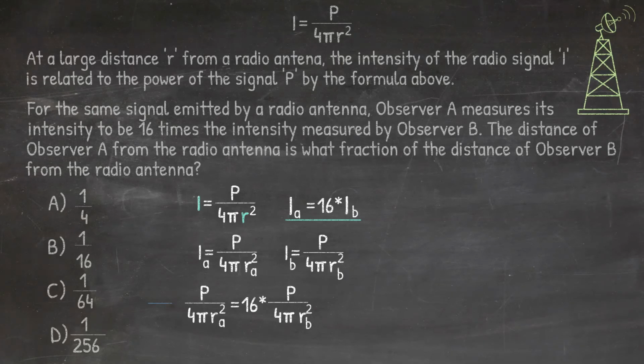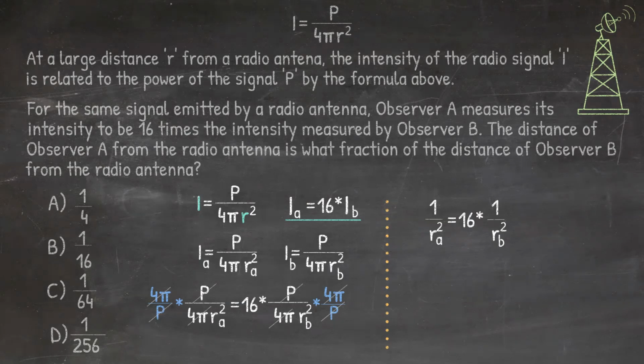We can divide both sides by P and multiply by 4 pi. That would lead to cancellations of P and pi on both sides. And what we'd have left would be 1 divided by r A squared, and that would equal, on the right side, 16 times 1 divided by r B squared.